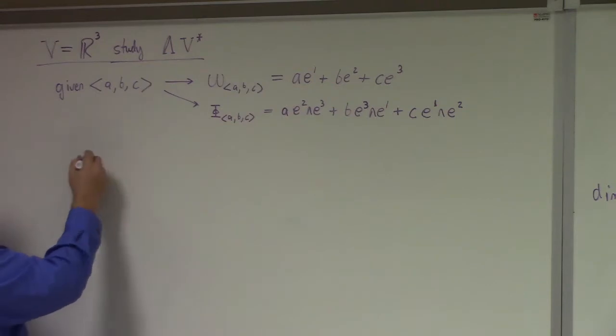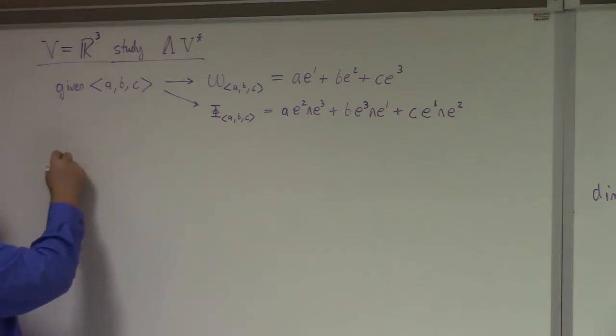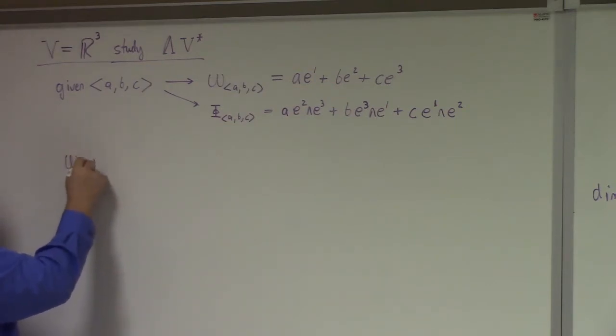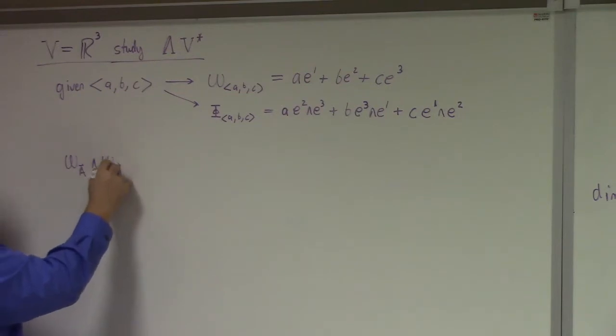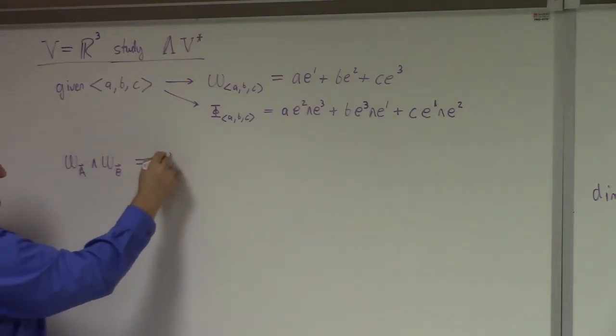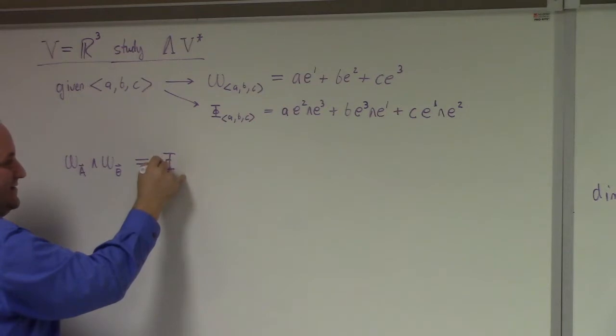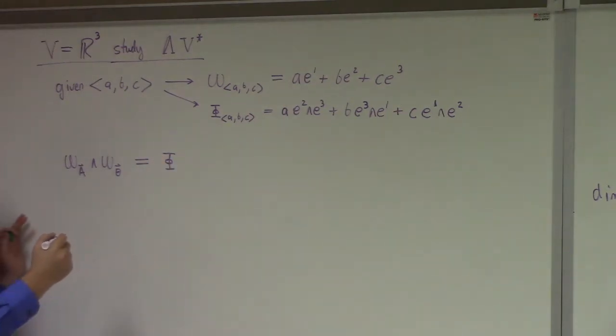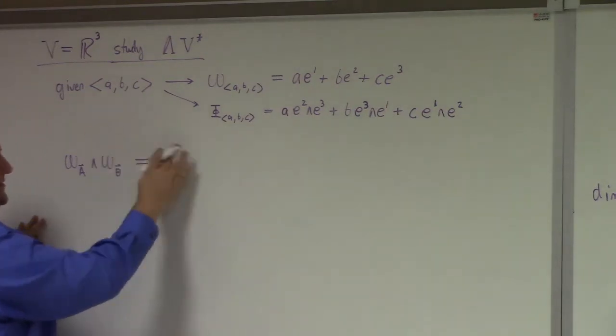And here's the really cool thing. If we calculate omega of vector A wedged with omega of vector B, what we get is the flux form of, well, let's work it out.